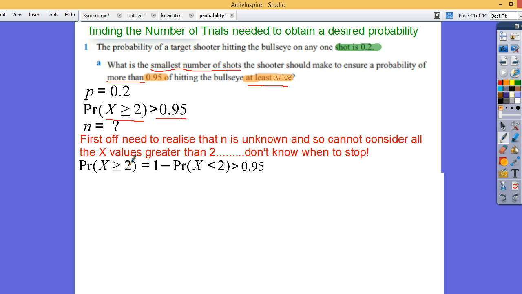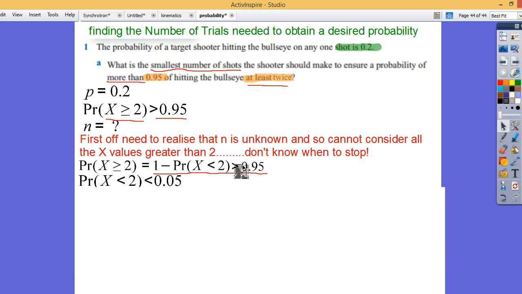When x is greater than or equal to 2, that is the same as saying 1 minus the probability of x is less than 2. This is like the complement of the event. So my expression becomes this one. And when I rearrange that, I get the probability of x is less than 2, and it is now less than 0.05.